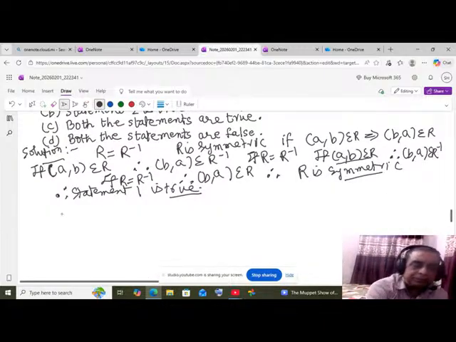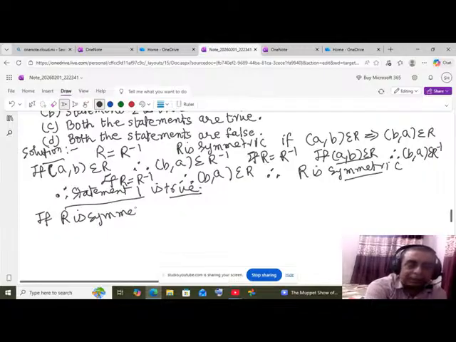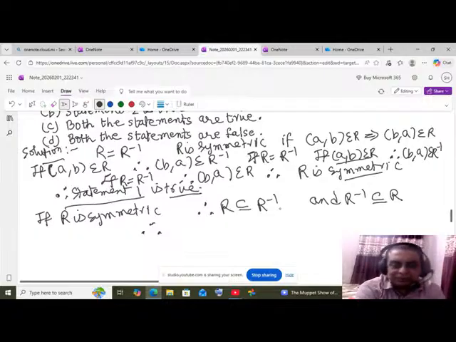We know that if R is symmetric, then R has to be a subset or equal set of R inverse, and R inverse has to be a subset or equal set of R. Following these two, R has to be equal to R inverse.